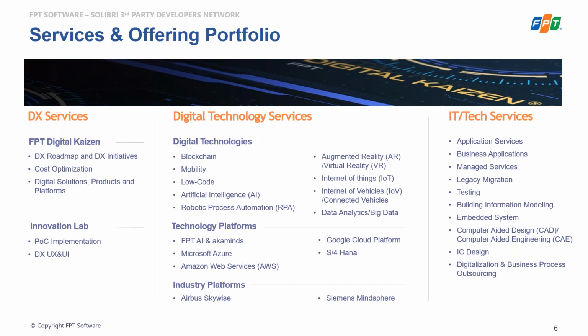With regards to our services and offering portfolio, we can divide it into 3 areas or 3 pillars. There's digital transformation services, digital technology services, and then IT or technology services. Of course, we are professional in very popular and modern technologies nowadays, such as AI, machine learning, Internet of Things, blockchain, RPA, even big data.